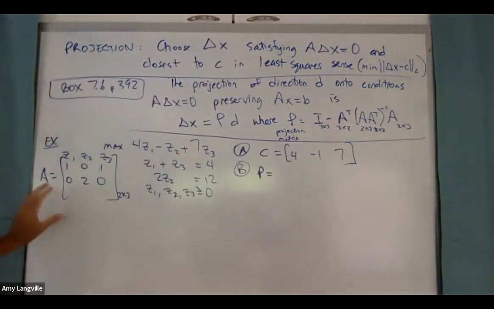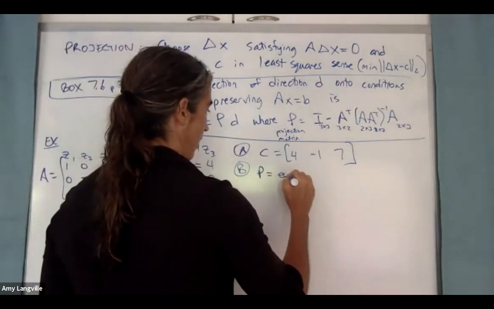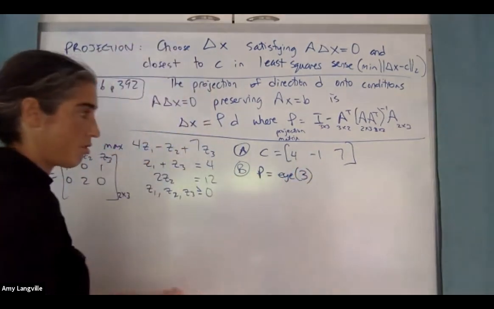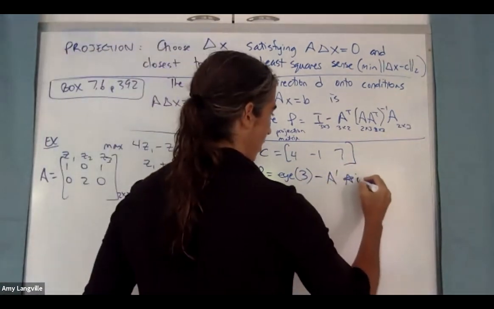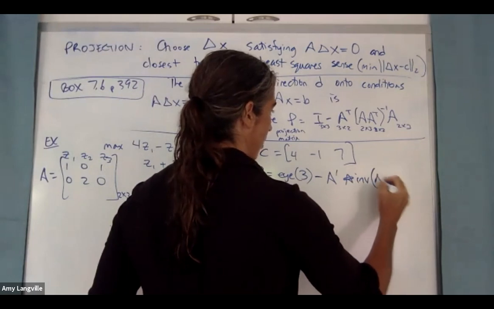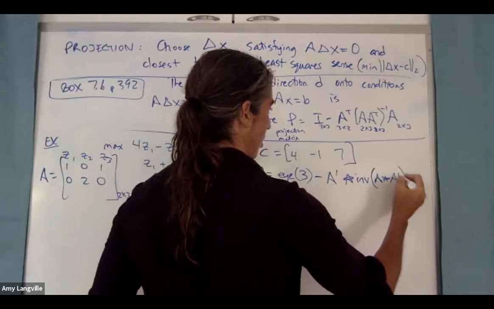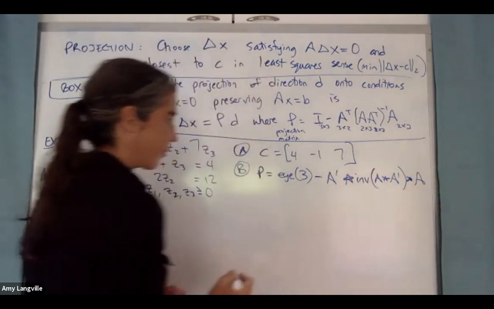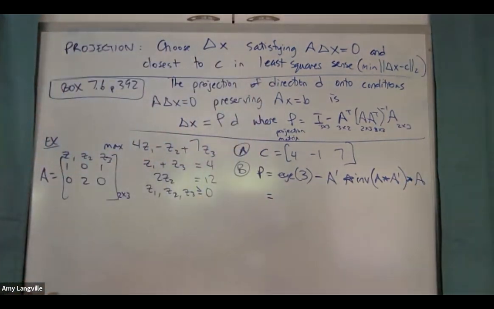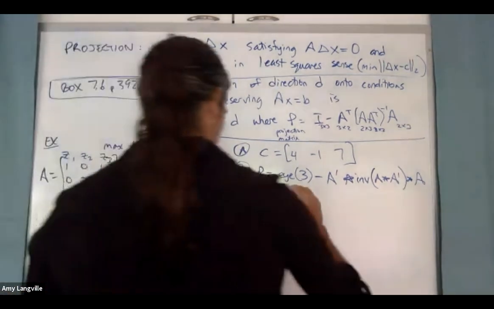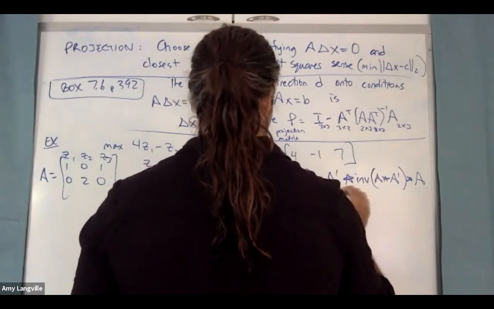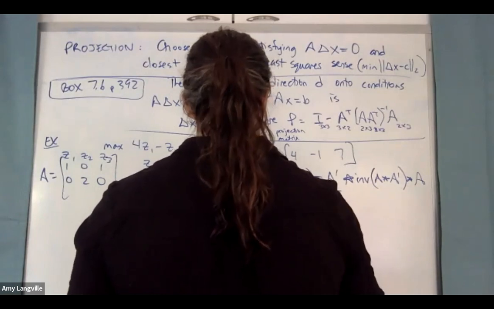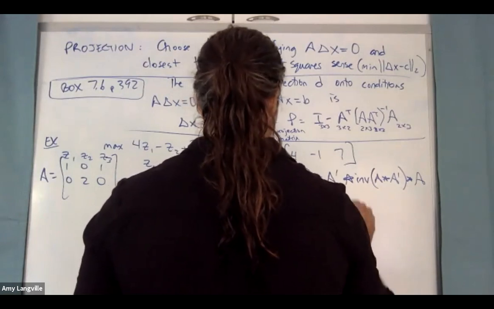All right, so if I've stored the A matrix in MATLAB, I can just say P is I3, for identity, we want a 3 by 3, minus A prime, as the transpose, times, and then I would need to put in parentheses the inverse of A times A prime, times A. And that'll spit out this matrix: 0.5, 0, minus 0.5, 0, 0, 0, minus 0.5, 0, 0.5.